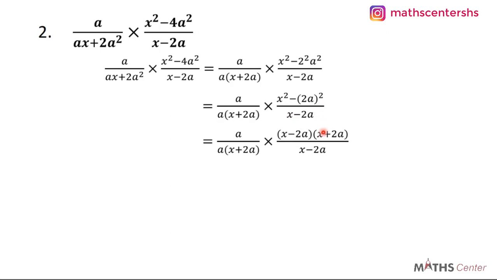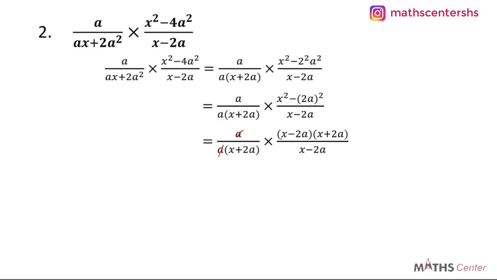If you watch the video on the principles of difference of 2 squares, you are going to get this. Now since we factorize everything out, you look for common factors and cancel. So we can see from here that a here is a factor, so a can cancel a. Remember, what is on the numerator cancels what is on the denominator.